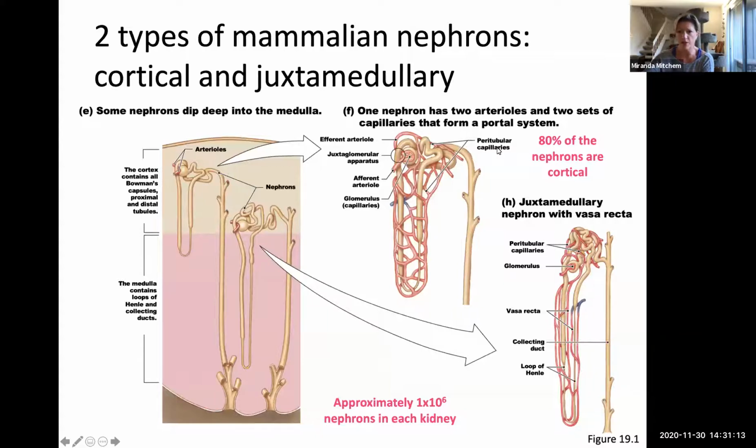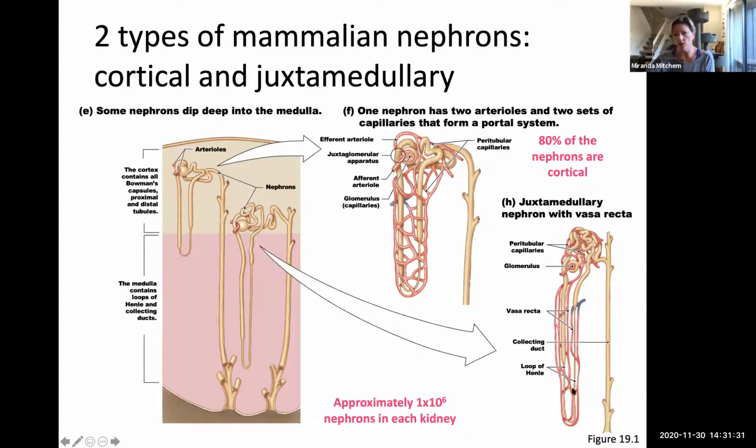And that's accomplished by having all of these very extensive peritubular capillaries. They are wrapping around the tubule of the nephron. So part H is showing you one of those juxtamedullary nephrons.